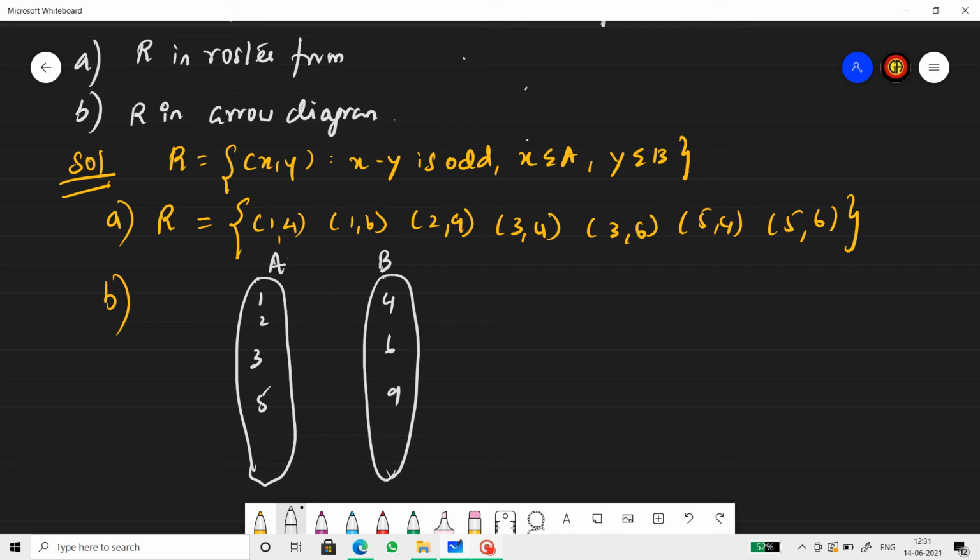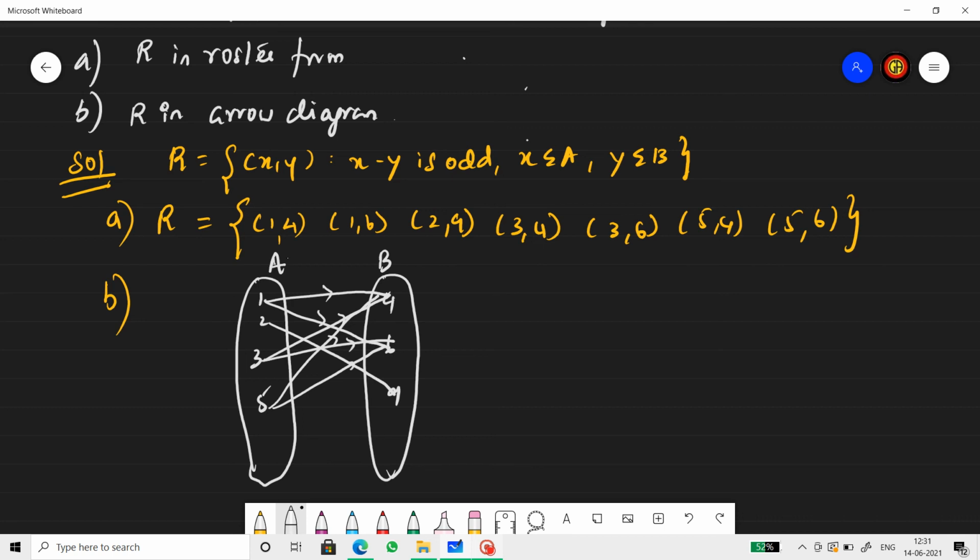The relation is 1 paired with 4, 1 paired with 6, 2 paired with 9, and 3 paired with 4, 6, 5 paired with 4, 5 paired with 6. So this is the arrow diagram, right?